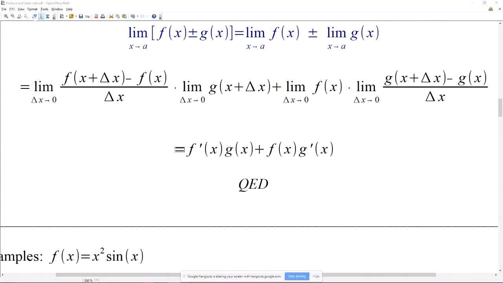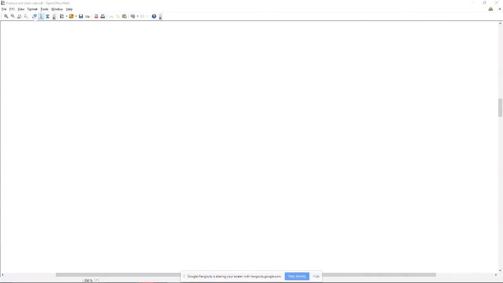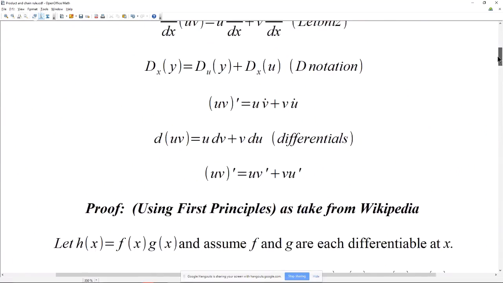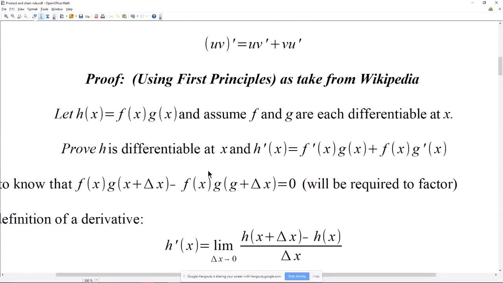They didn't include it, but I'll put it in here for clarification purposes. And so they just proved that h prime of x is equal to this. And again, that's exactly what we're trying to do up here, that h prime of x is equal to this.